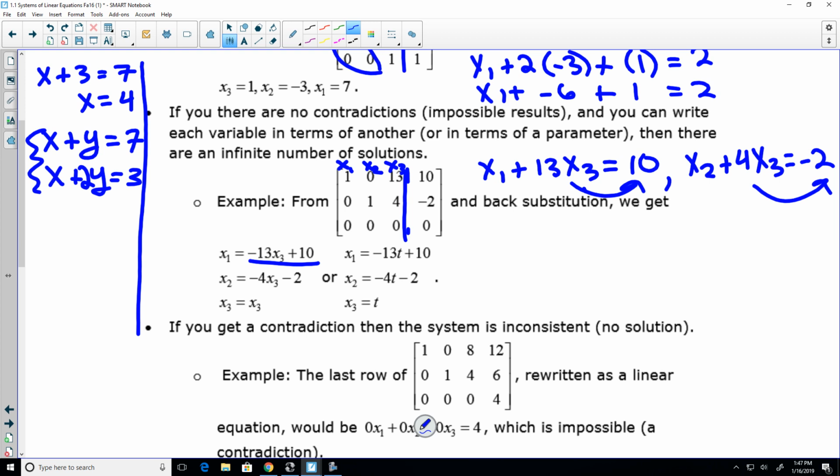So we call x3 the free variable because we can choose whatever we want for x3, and we'll get a solution to the system. And there are infinitely many of them because you can pick infinitely many different x3s. You can pick anything for x3, and it'll give you a solution. So x3 is what we call the free variable.